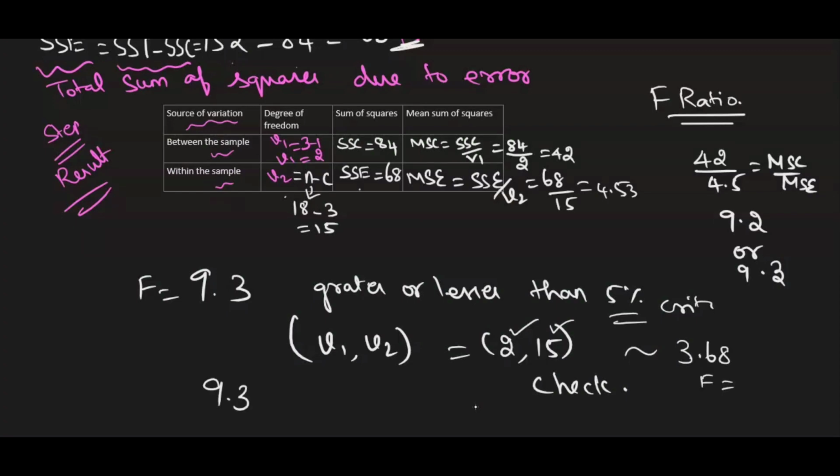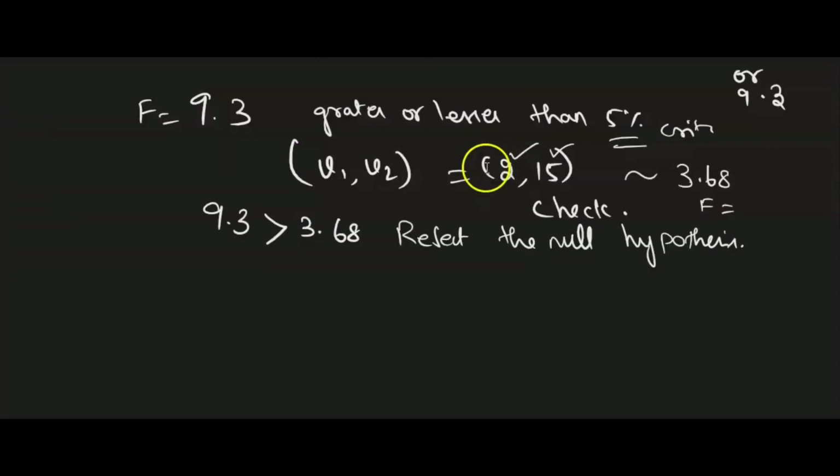So 9.3 is greater than 3.68. If it is greater, we will reject the null hypothesis. Let me show the tabular column to you. I will attach the picture of the table at the end. Actually, it is 3.88. Anyhow, it is greater.